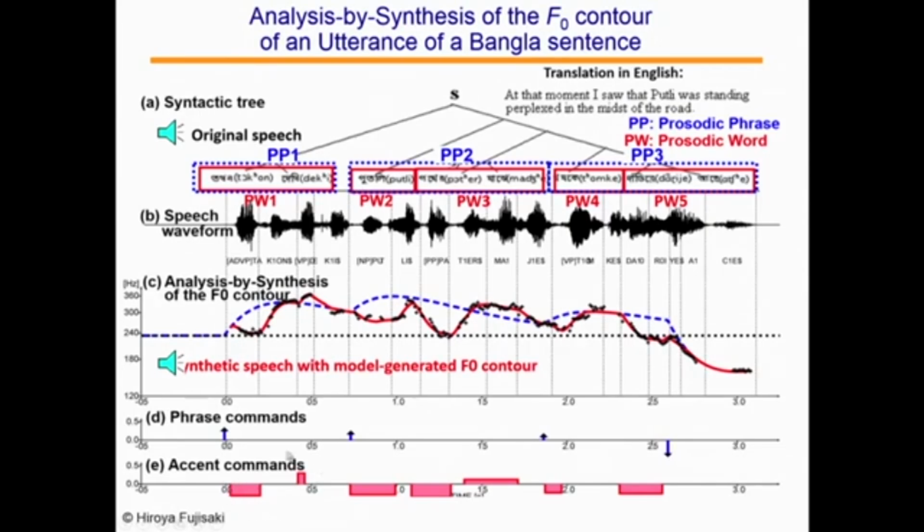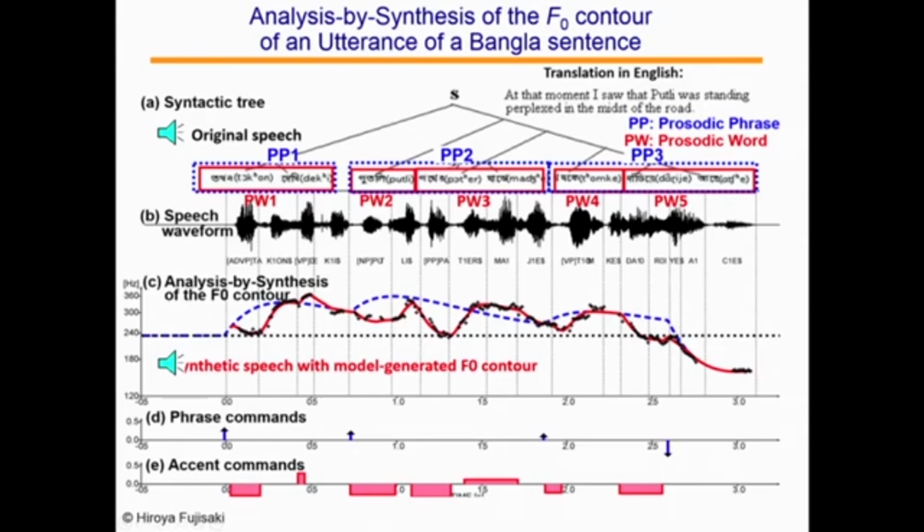So, up to the end of তখন দেখি is one word, which is called PW1, prosodic word 1. Second accent type, তখন দেখি পুতলি is PW2, পথের মাঝে is one accent type, then থমকে is one accent type, and দাঁড়িয়ে আছে is another accent type.